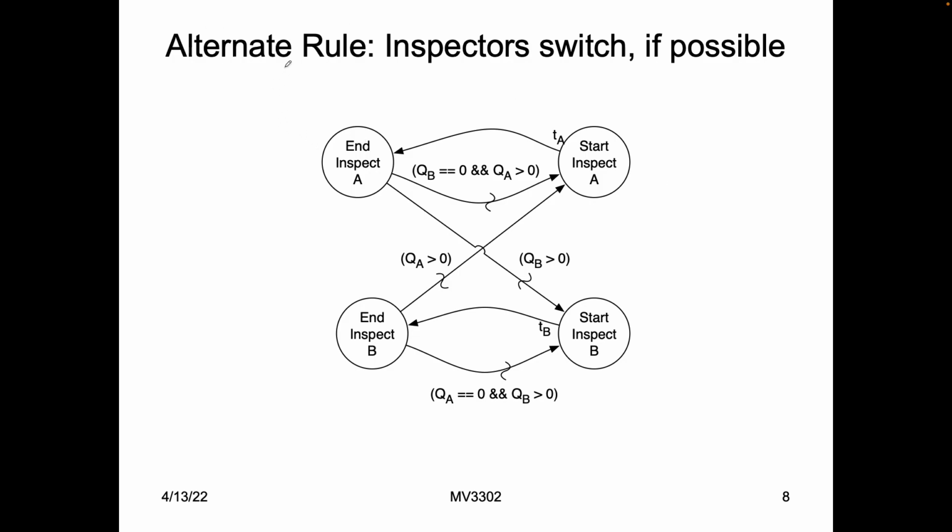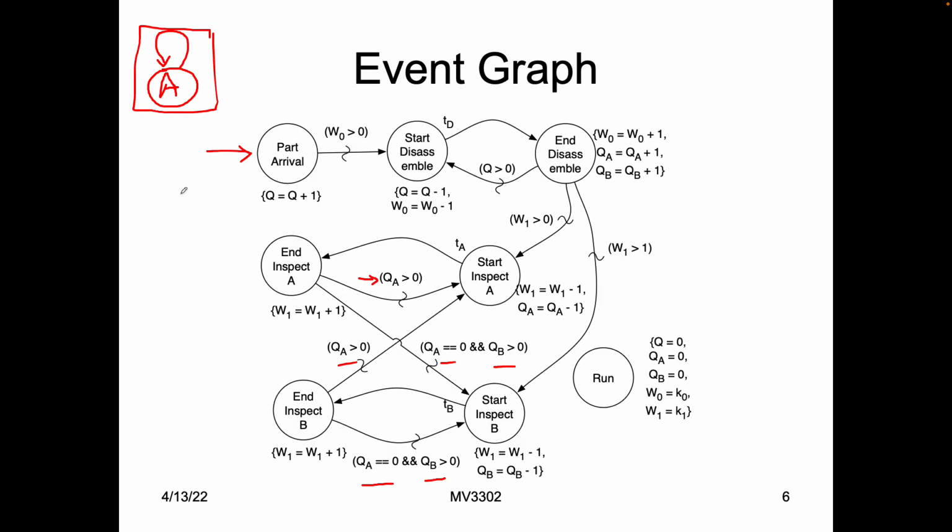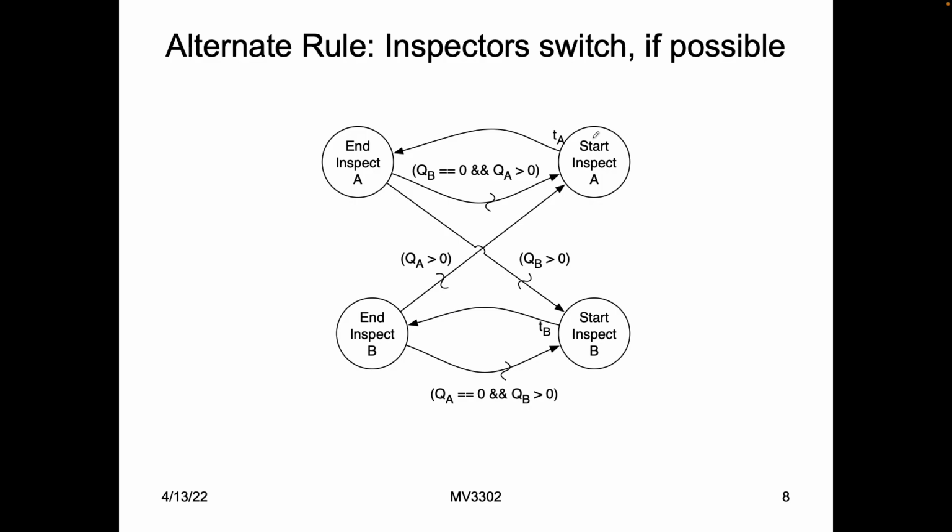Okay, so how can we capture that? That's a different rule, and it would require a different model. But the only place where it would be different is just in these events right here. It doesn't affect the top part, it only affects that piece right there. And how would it affect it?